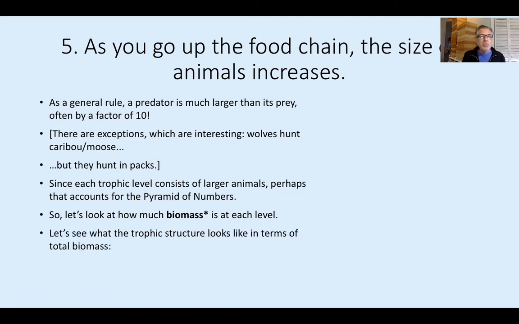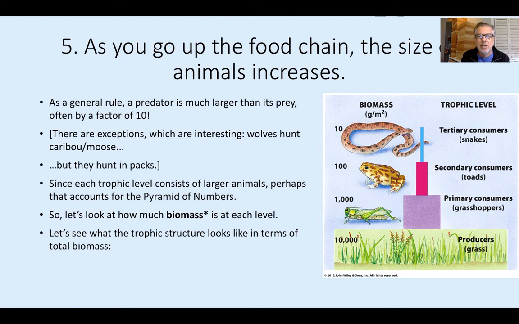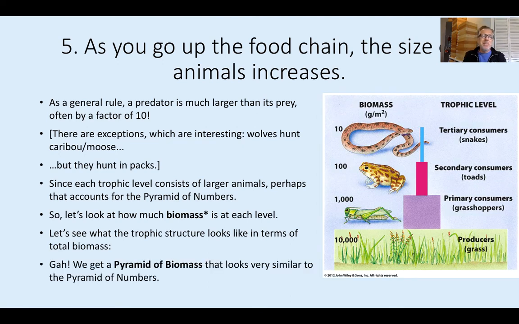Let's see what the trophic structure looks like in terms of total biomass. In other words, we're going to build a biomass pyramid. Here it is. Oh, geez. We get a pyramid of biomass that looks similar to the pyramid of numbers. It didn't explain very much at all. You can see, once again, we have this huge base and a much smaller second level. And then the third level is much smaller compared to the second level, and so on and so forth.